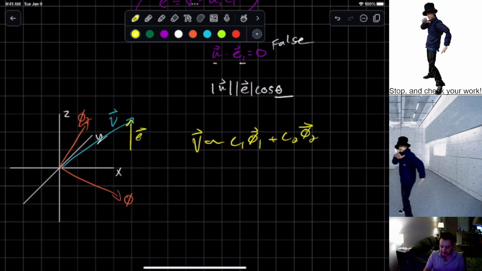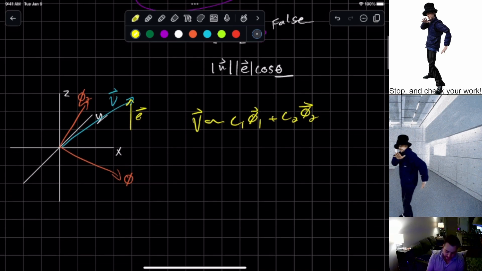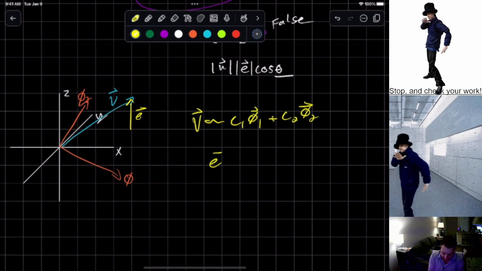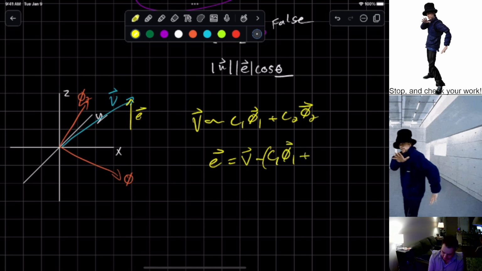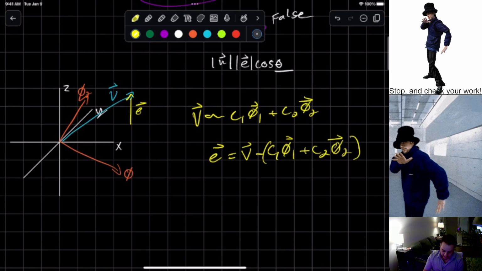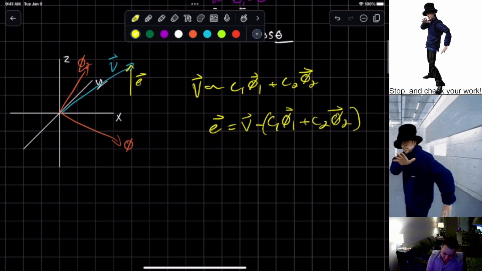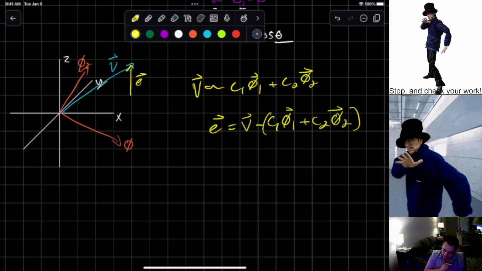So we can say that this is true. Then inversely, we can determine our error as the v vector minus c1 theta 1 minus c2 theta 2. Then we can rewrite that as a summation if we really, really wanted to.